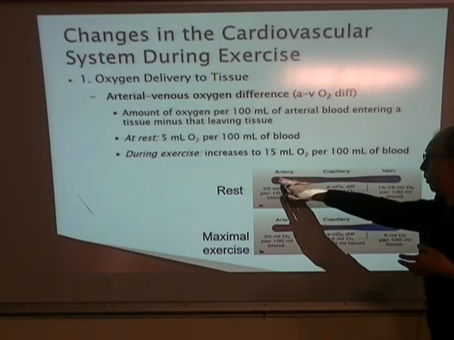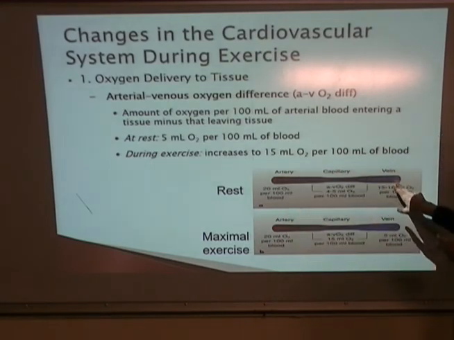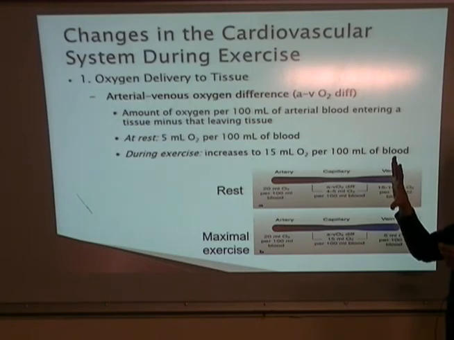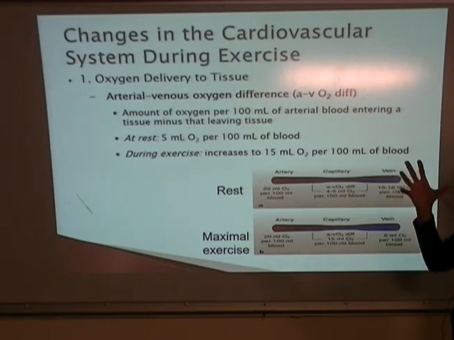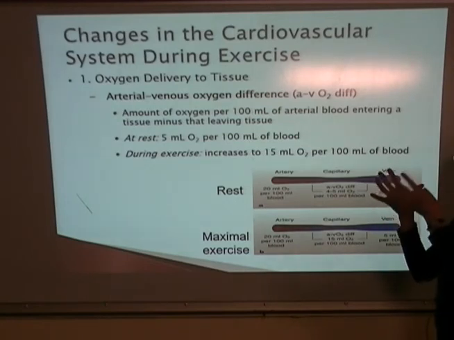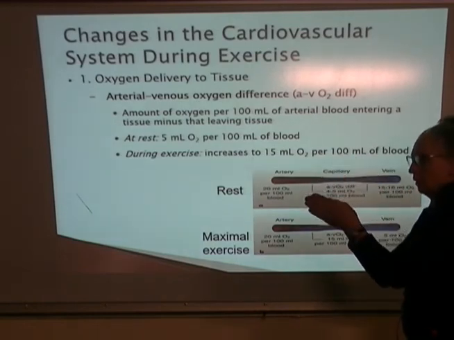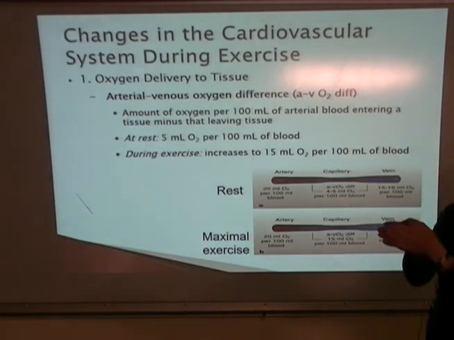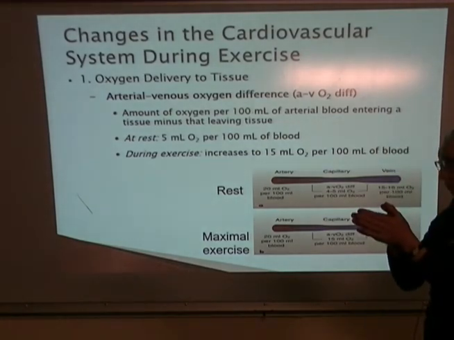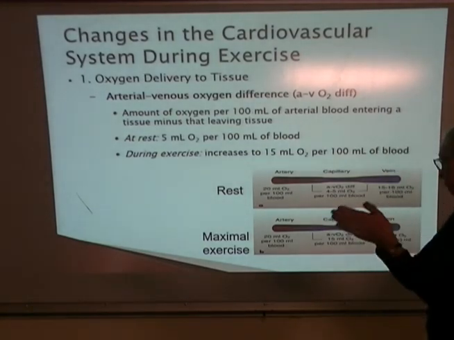So between point A and point B, we lost 5 milliliters of oxygen. Somehow that 5 milliliters of oxygen has left the bloodstream in the capillary and transferred into the muscle tissue.